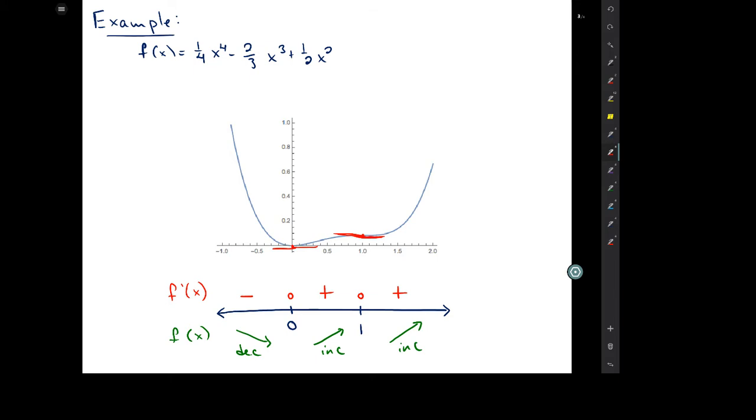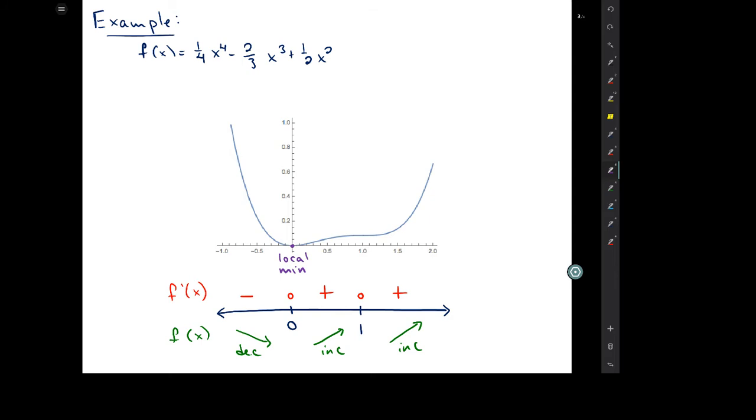Another way of putting this is we notice that at x equals 0, I'm going to erase these tangent lines so that we can see the graph of the function. At x equals 0, we notice that we have what's called a local minimum. That's this visual feature of this graph where we look at it and we say, oh yeah, that's a little dip right there.